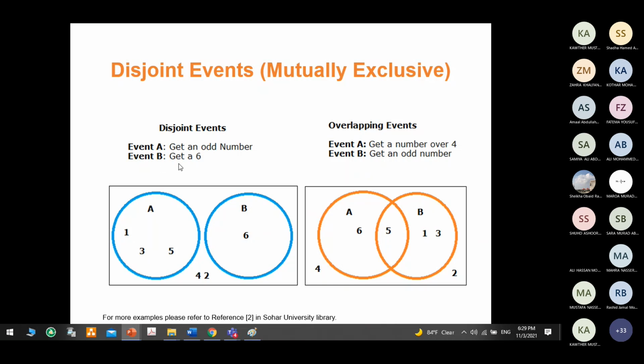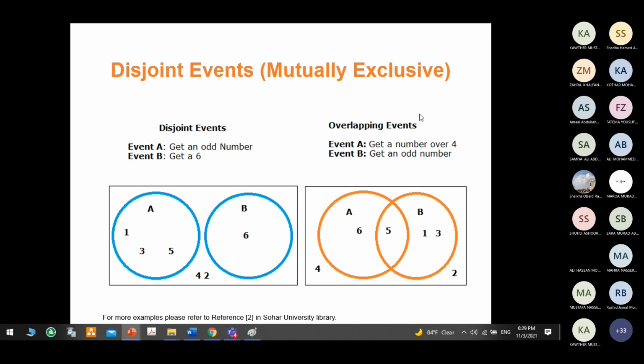And B is getting only 6. What do you think? Are they intersecting or not? They are not intersecting, right? So we say disjoint. It means if A happens, B will not happen. The same thing, if B happens, A will not happen. They don't happen at the same time.